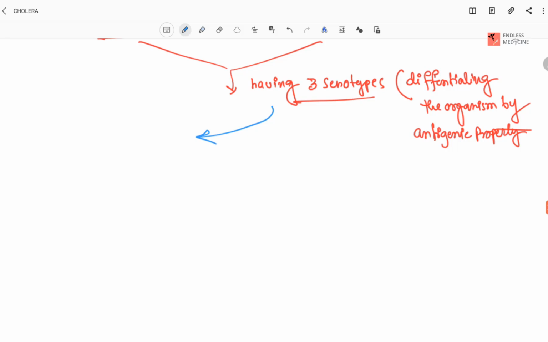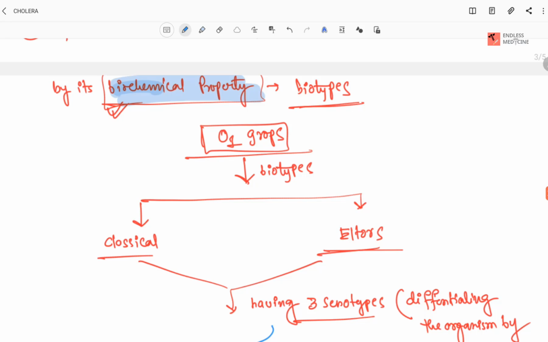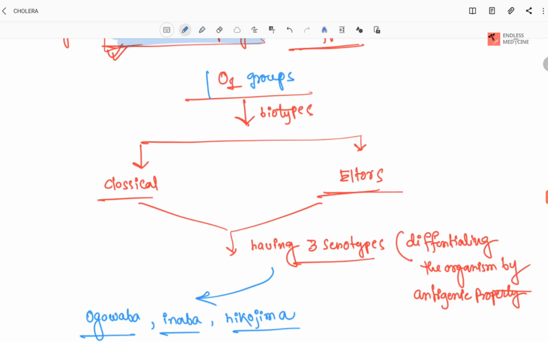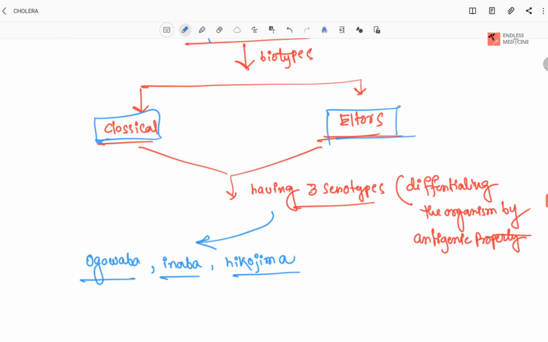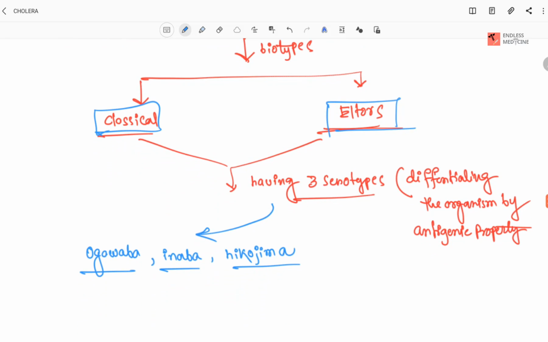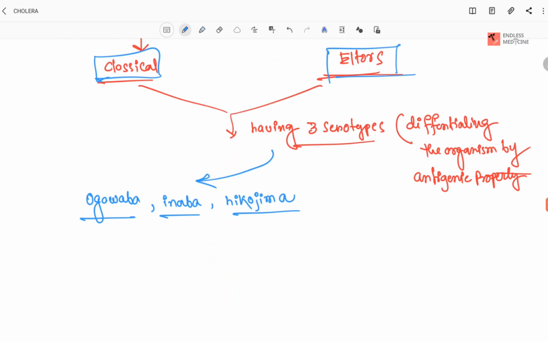That is Ogawa, Inaba, and Hikojima. So the O1 group is divided into two biotypes, classical and El Tor, and each has three serotypes: Ogawa, Inaba and Hikojima.